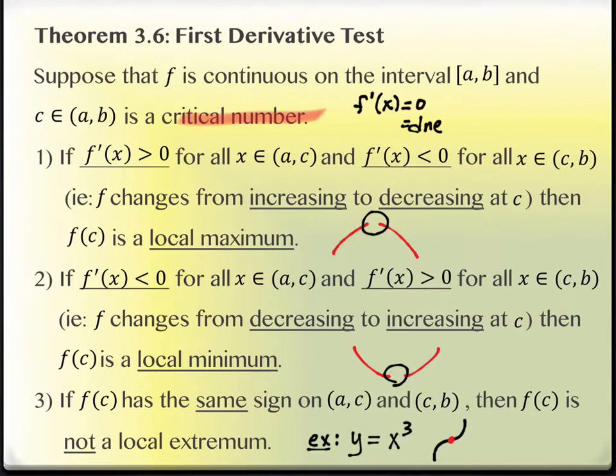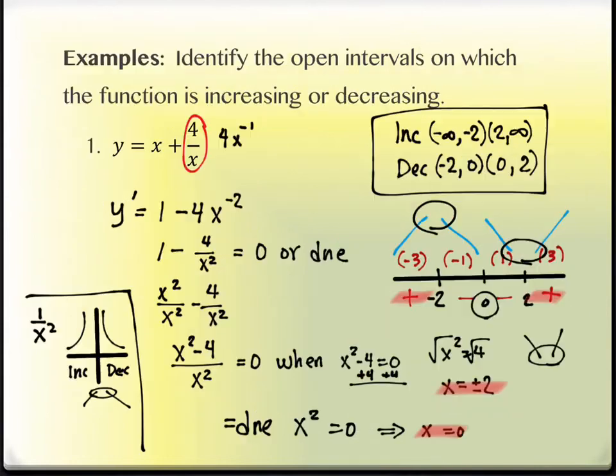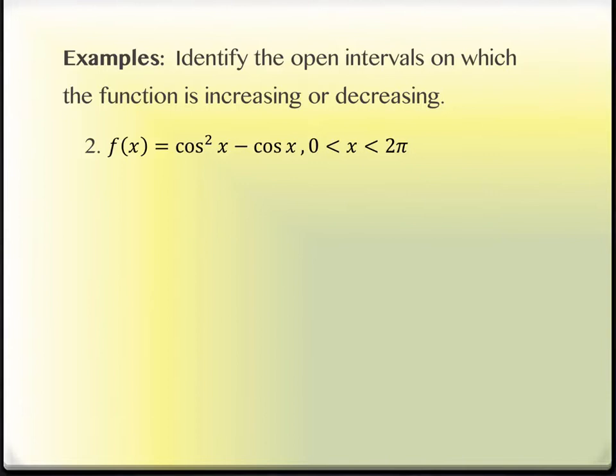And so I gave an example of y equals x cubed. We did this example last time where we looked for where the function was increasing and decreasing. And while it didn't specifically ask for it, we actually talked about where we would have maximums and minimums from this first derivative test perspective as well. All right, so we're going to take a look at a few more examples along those lines today.